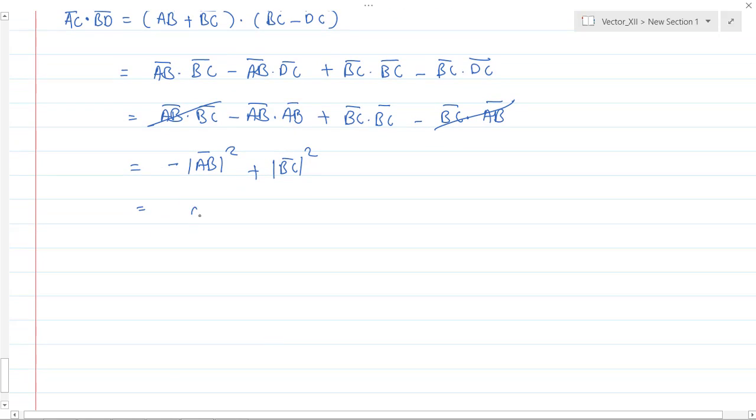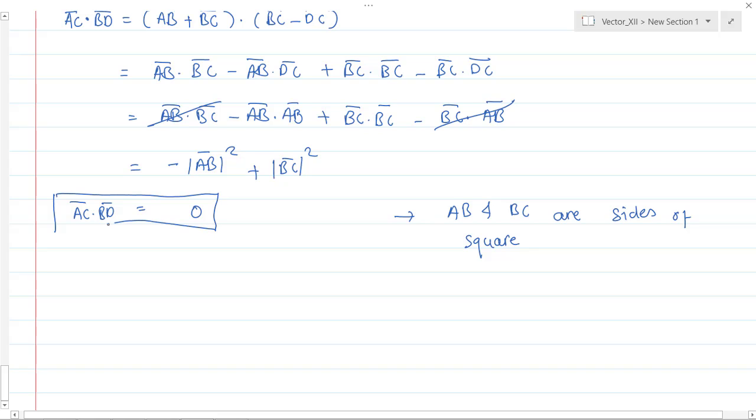So this is 0, as AB and BC are sides of the same square, therefore their lengths will be the same. So what you are getting is AC bar dot BD bar equals 0. Means AC and BD are perpendicular to each other.